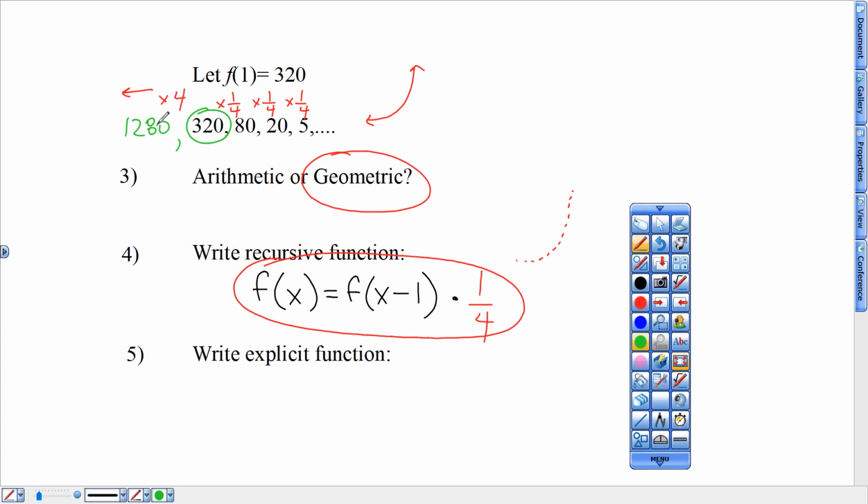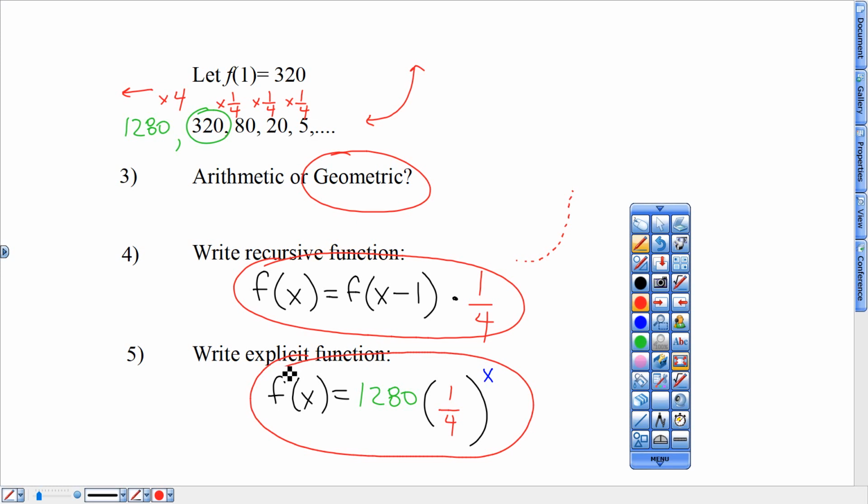So for this equation, I take that green number, 1280, and I write that first. I write in parentheses that 1/4, the number I'm timesing each time. And then I make sure I get full credit by putting this x up here in the exponent spot. Knowing that this is explicit, it would be a line drawn through the points shaped like that. This is geometric exponential.